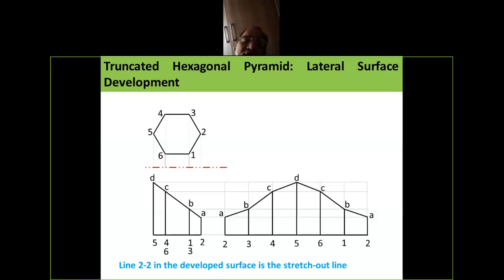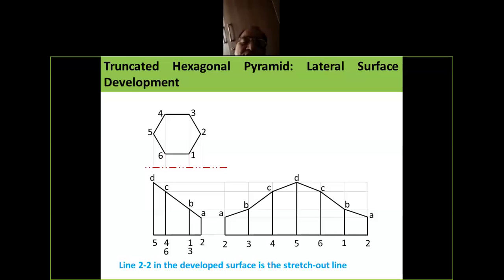And now how can we truncate it? We draw the projections from all the points A, B, C, D, and make a straight line from 2A, 3B, 4C, 5D. In this place, we draw a perpendicular on all the points, and the projections from A, B, C, D will meet.